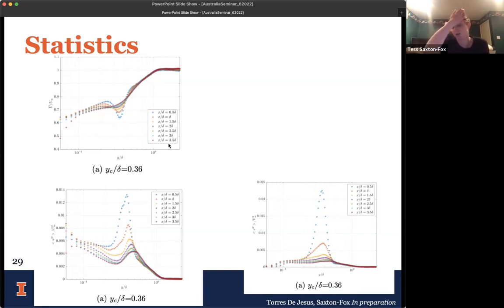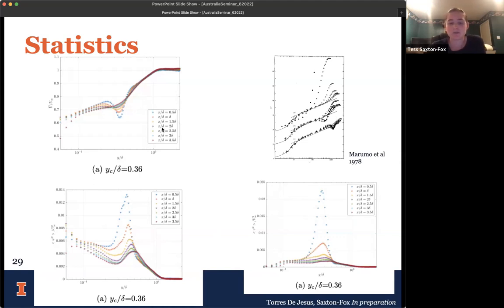But over our field of view, we still see a significant change to the mean from that wake, and we can see similar significant impacts on the U squared and V squared statistics that decay as you go farther away from the cylinder location, particularly decaying well in V. We're comparing these to some of the statistics from the 70s and seeing good comparisons to the extent that they're comparable. Their cylinders were a little bit larger than ours.